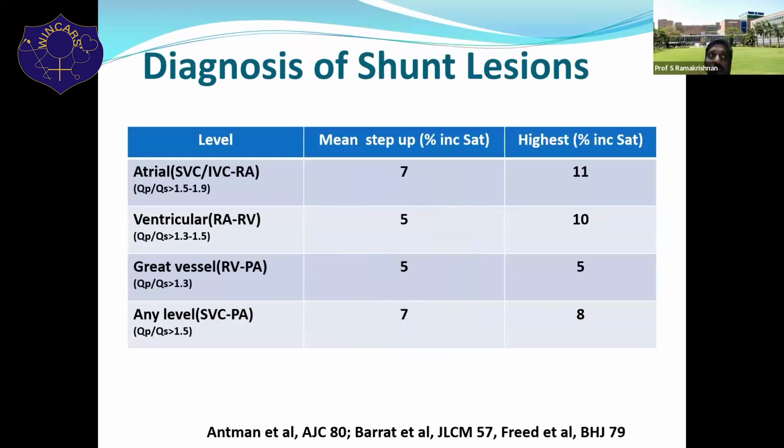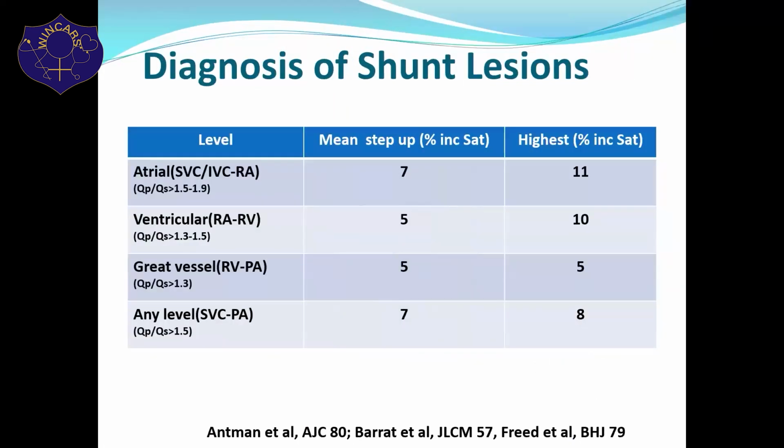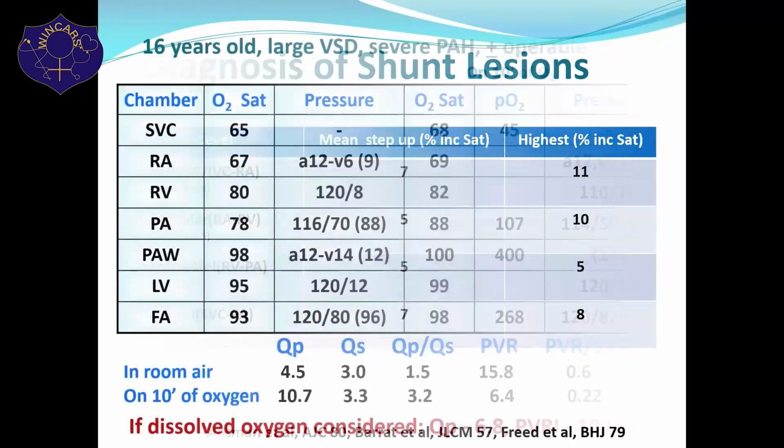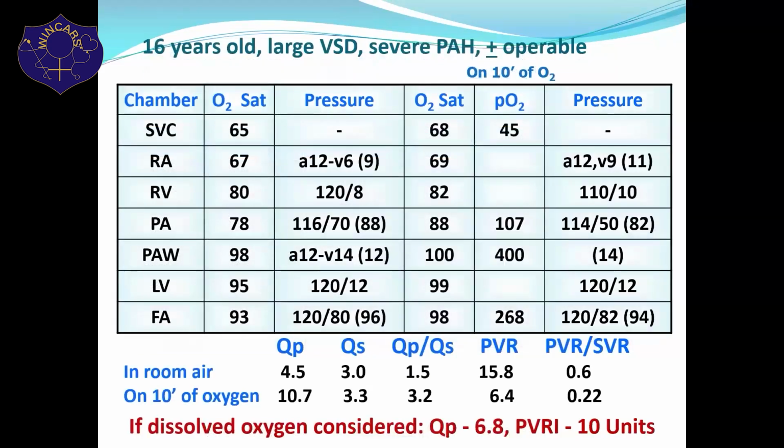Sir, in the diagnosis of shunt lesions, there were two very important points. One was the age. Examiners always ask about the Paul Wood series, that age part. So that is very important. And the other is the method which we use for calculation of QP:QS. If you read Grossman also, there is a flaw: with oxygen saturation, it steps up.